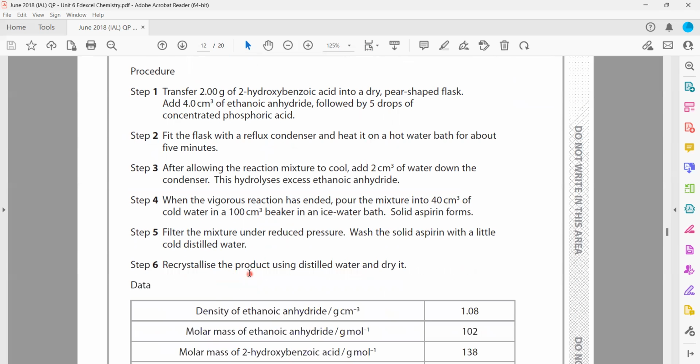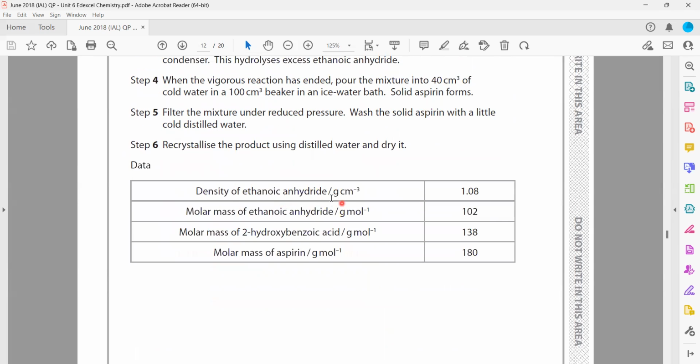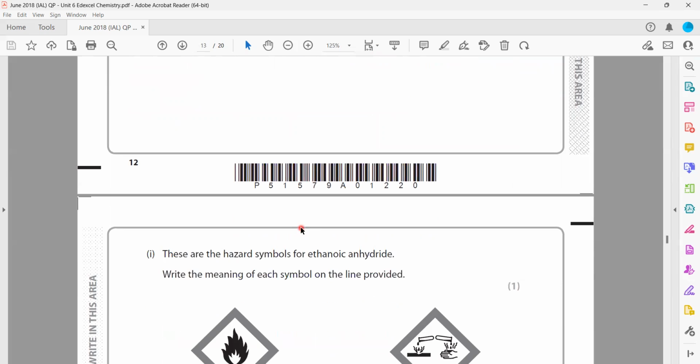Then recrystallization of the product using distilled water and dry it. The data is there. The density of ethanoic anhydride is 1.08. The molar mass of ethanoic anhydride is 102. The molar mass of 2-hydroxybenzoic acid is 138. And the molar mass of aspirin is 108.